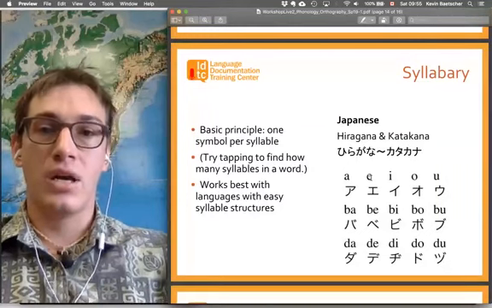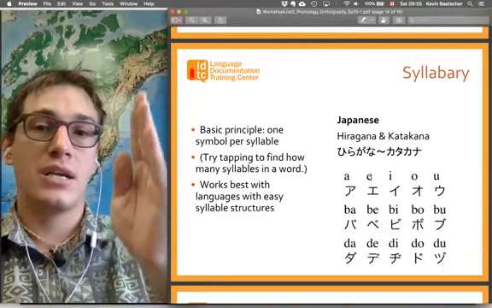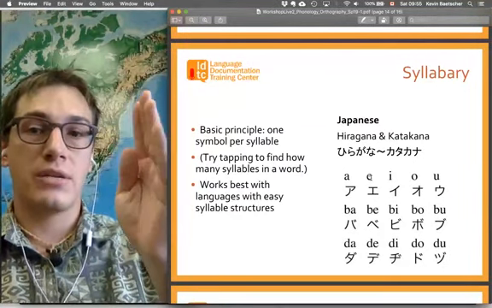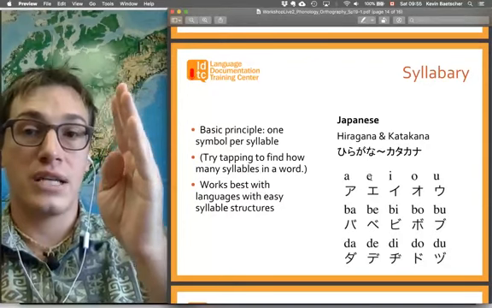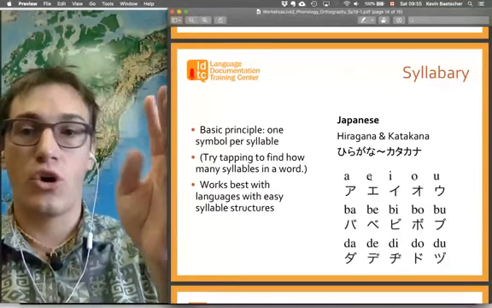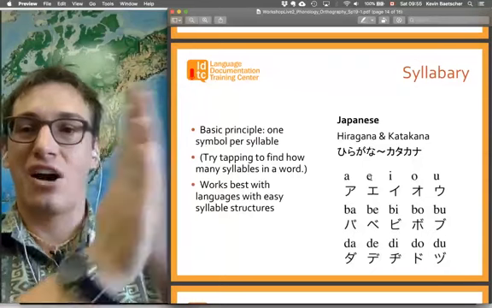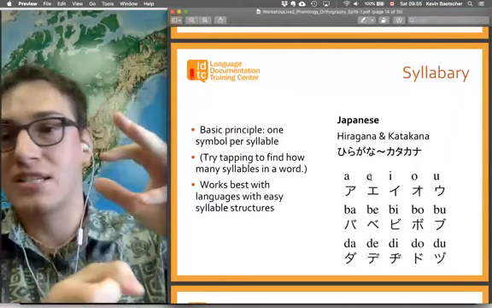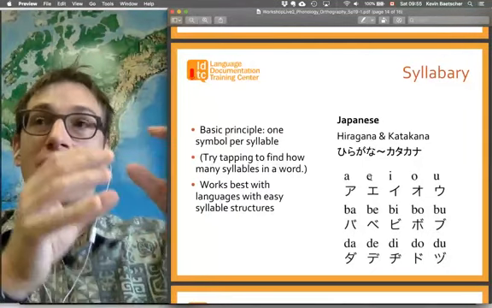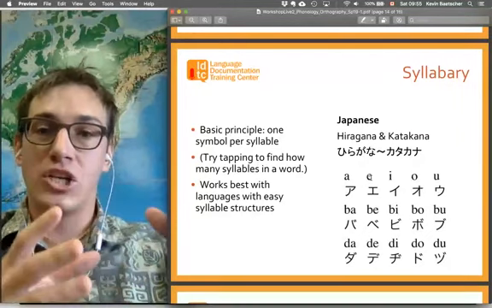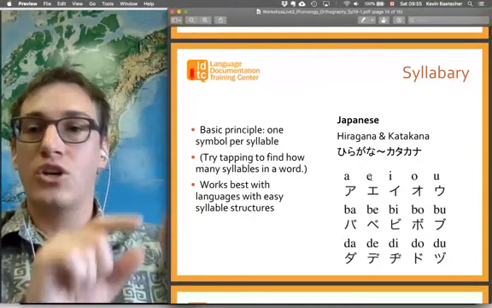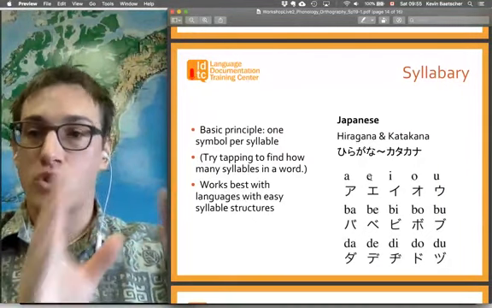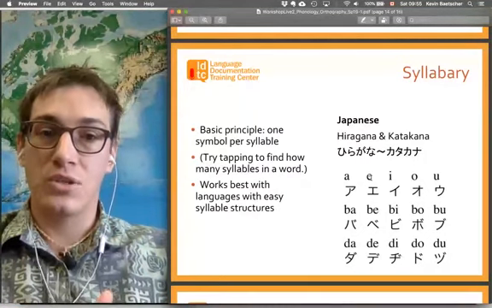For example, Japanese, because in Japanese, usually your syllables will consist of a consonant and a vowel, or just a vowel. There cannot be a consonant at the end. There cannot be 2 consonants at the beginning. So the different types of syllables you can have are restricted. Therefore, you don't need too many symbols to represent those syllables.